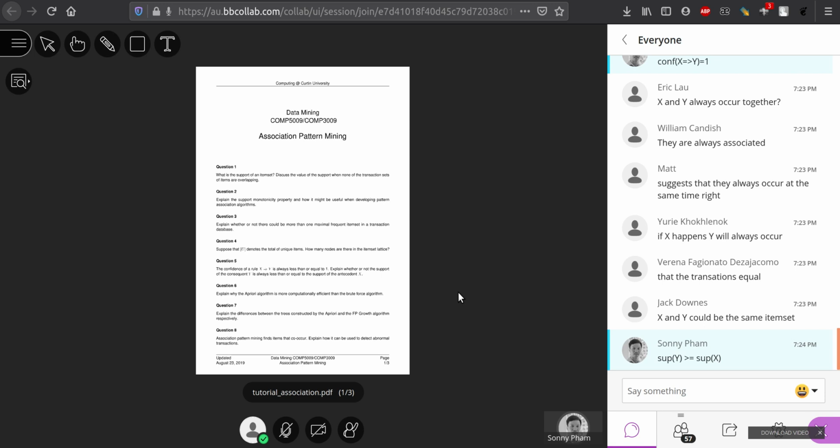But there may be cases where Y happens but X doesn't happen. So if the confidence score is equal to 1, it's the special case where we can conclude that the support of Y is at least the support of X. But it's only in this very special case. With confidence less than 1, we cannot say anything for sure.